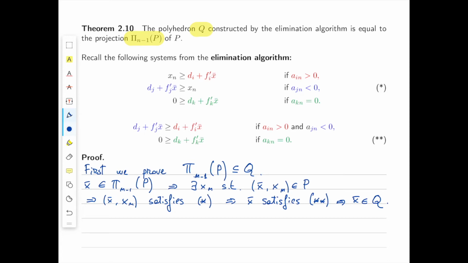Next, we prove the other containment, namely that Q is contained in the projection. So let's pick a vector x bar in Q. Q is defined by the system double star, and in particular, since in the system double star we have all the inequalities of the type blue upper bound greater than or equal to red lower bound, then the minimum of the upper bounds must be greater than or equal to the maximum of the lower bounds.